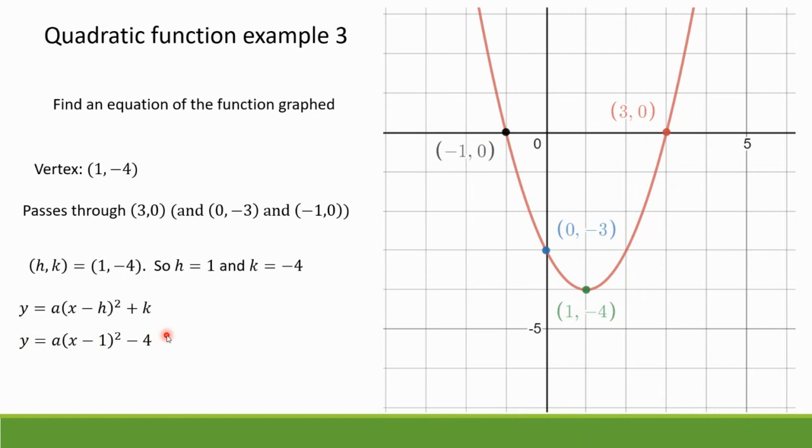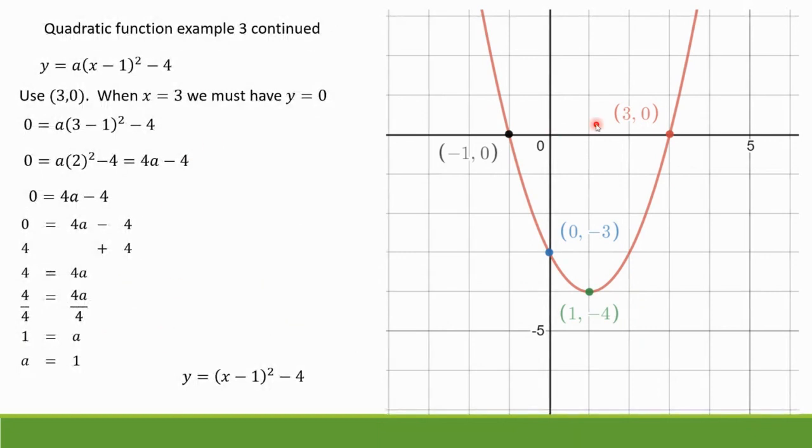Now, what I did was I used the point 3, 0, if I remember correctly. So that means when x is 3, y has to be 0.